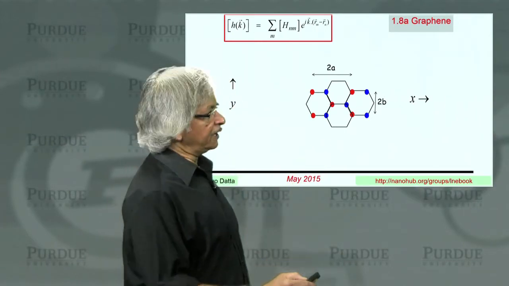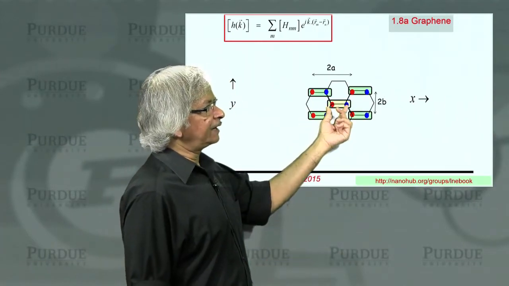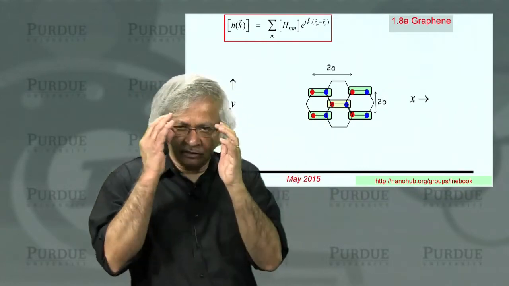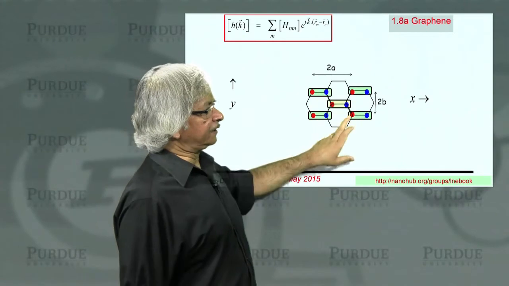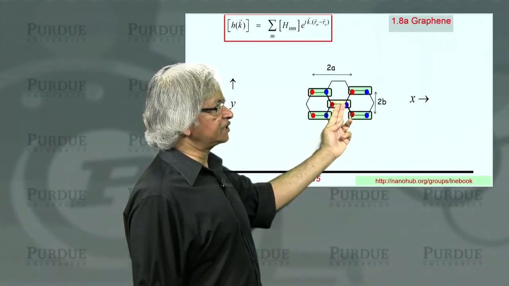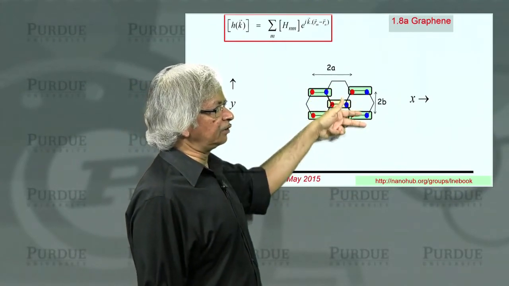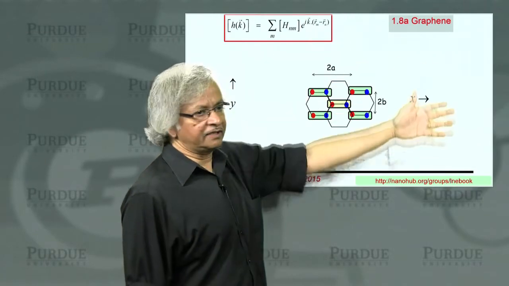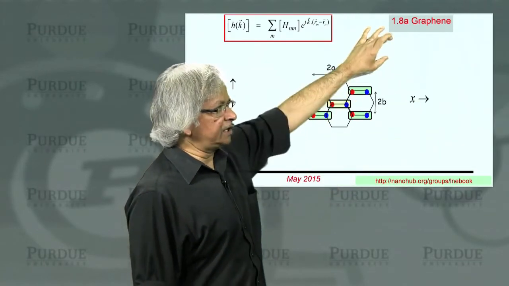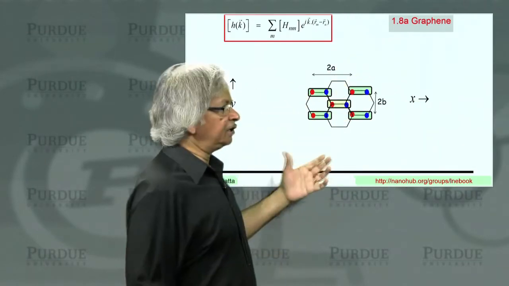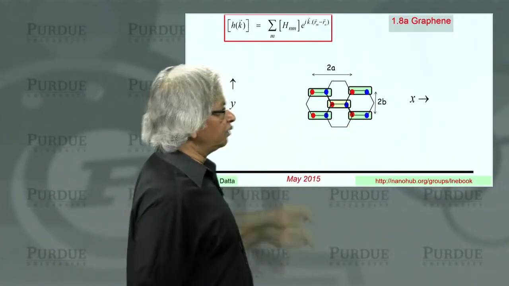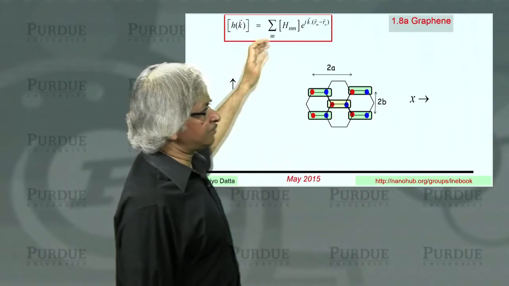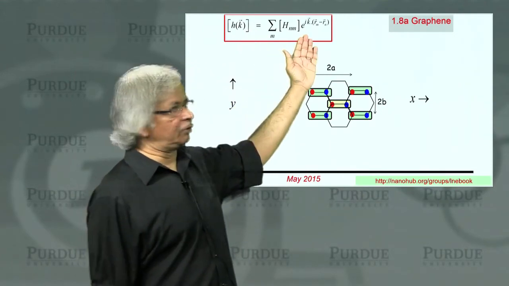So what you need to do is take 2 of them and lump them into one and think of that as a unit cell. Then you see it's all identical. That is, if I stand here in this unit cell, I see 2 on my left, 2 on my right. And you go anywhere on this lattice, any other unit cell, and you look around, you'll see exactly the same environment. And so when you want to calculate the band structure, as you know, we have to evaluate that quantity.